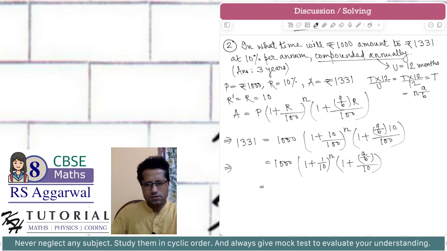So this is equal to 1000 times 11 by 10 to the power n, and 1 plus a by b by 10.